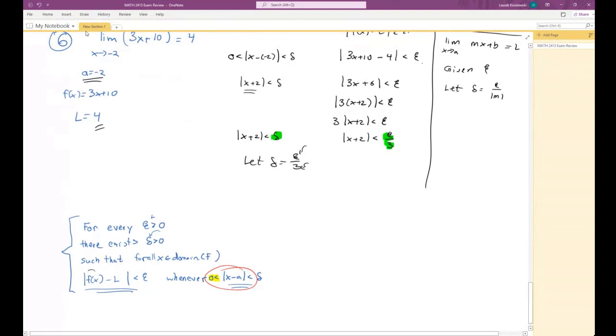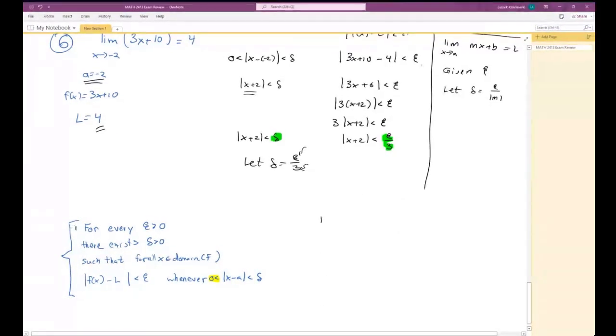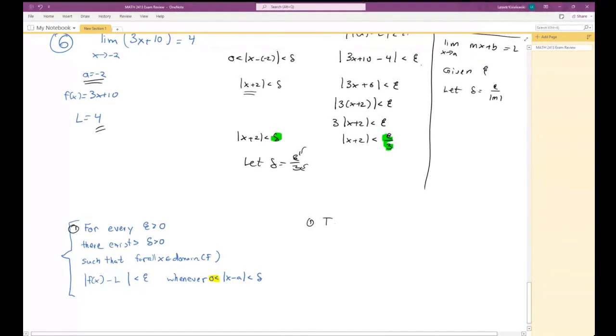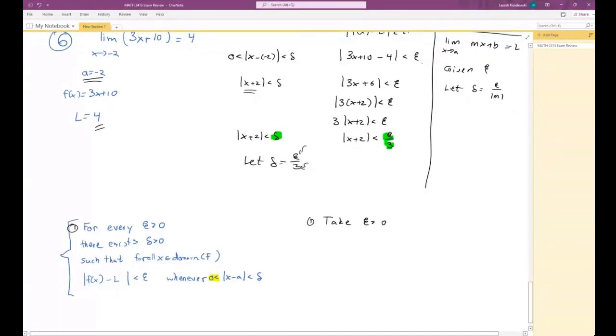The first line is for every epsilon. It's like getting a Shakespeare play and all the lines are numbered. So the first line, we're just going to say take an arbitrary epsilon, because we want to prove something for any positive quantity, so we take an arbitrary positive quantity and assume nothing about it except that it's positive.